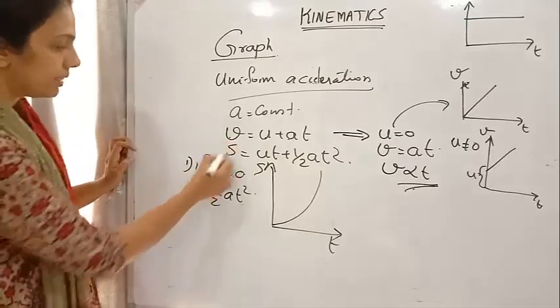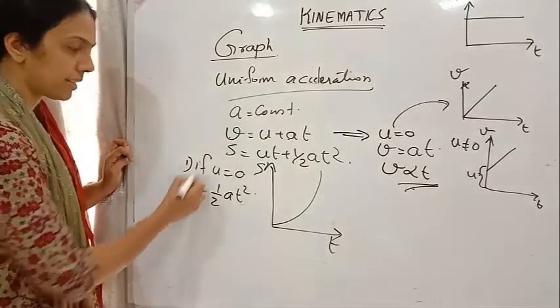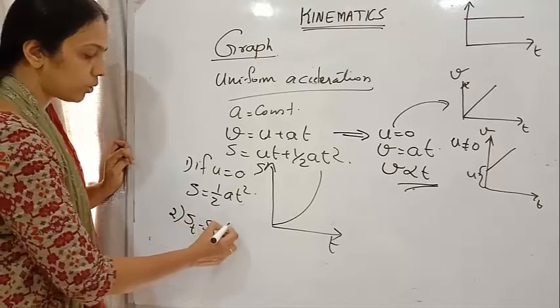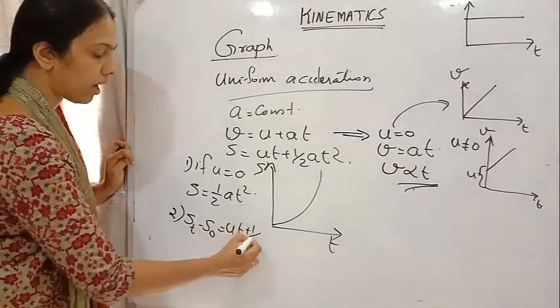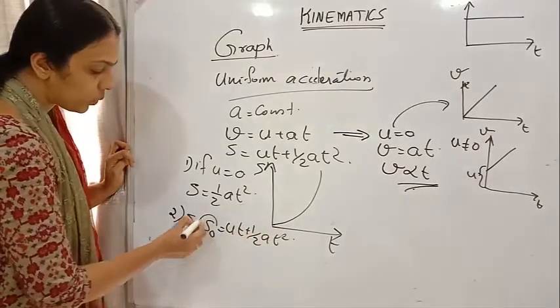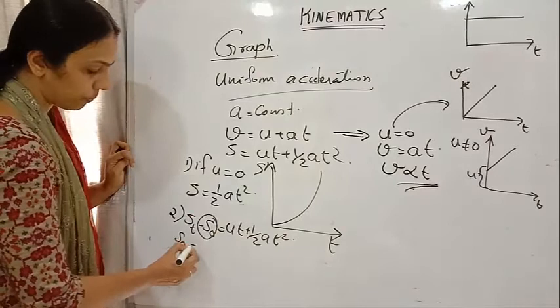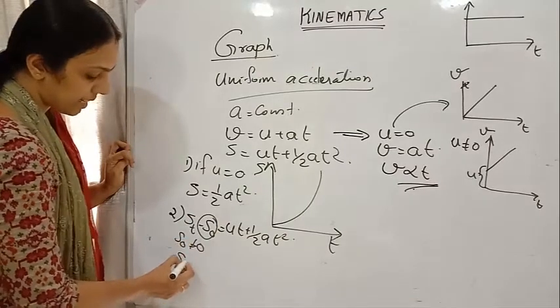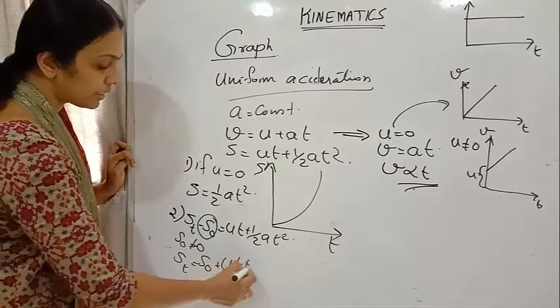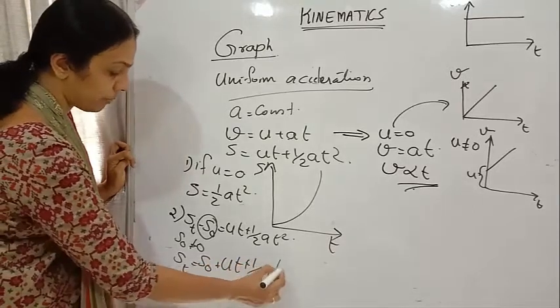Next I am considering the displacement. Displacement means st minus s0, that is equal to ut plus half at square. Here, if s0 is not equal to 0, then we can write it as st equals s0 plus ut plus half at square.